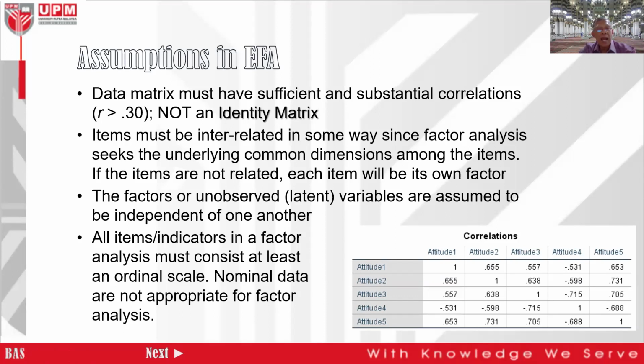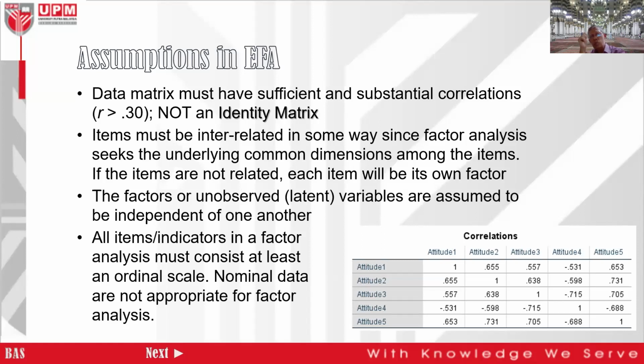And then the second is that items must be interrelated in one way, since factor analysis seeks the underlying common dimension among the items. The dimension to be developed will be based on the interrelationship between items. That's why we want substantial and sufficient correlation between items. The least will be 0.3. But even 0.3 is actually considered too small, especially when you refer to CFA.